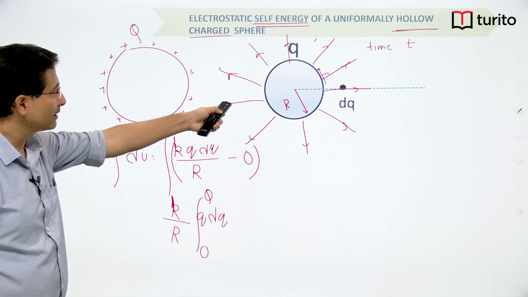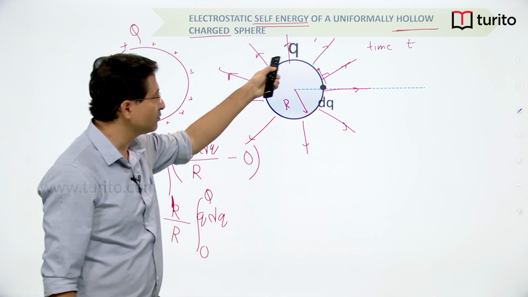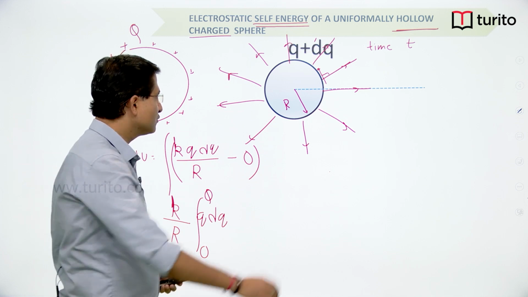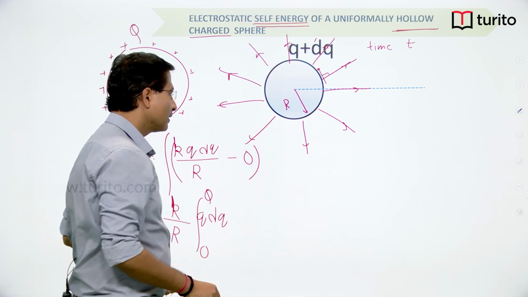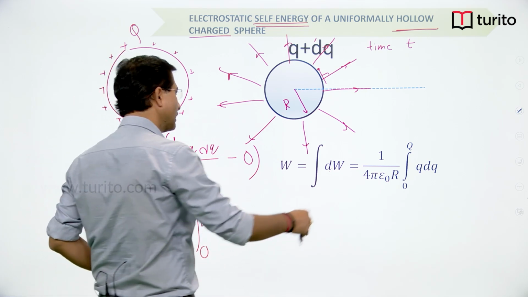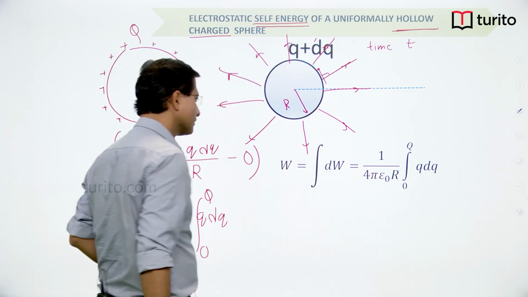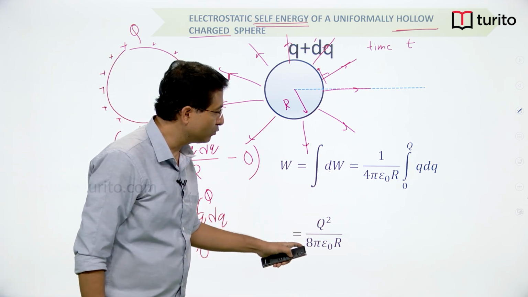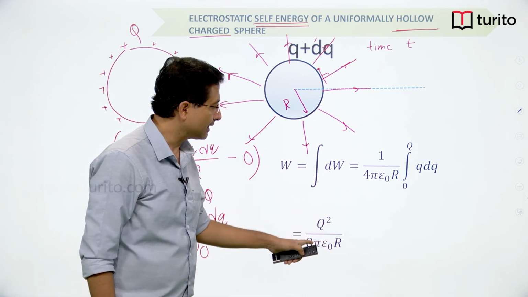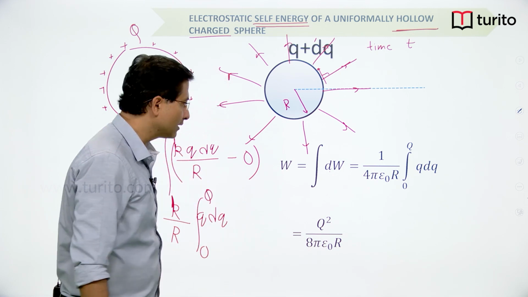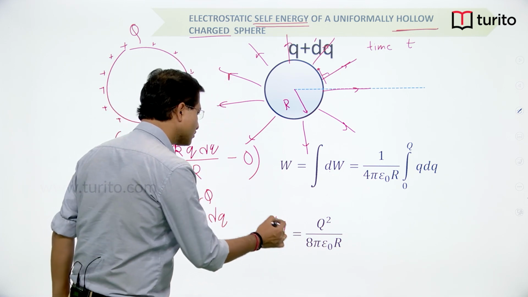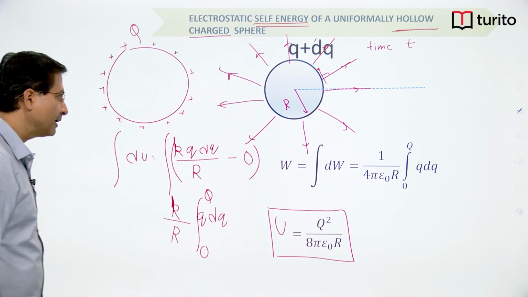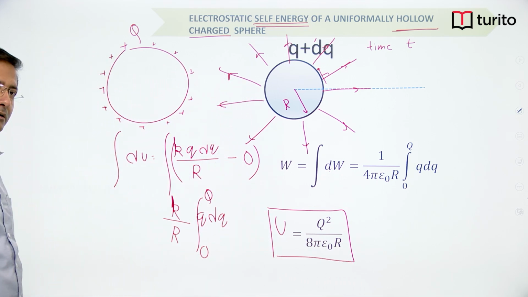So, we are bringing the charge, placing it on the surface and distributing it uniformly over the surface, right. And then I need to integrate this charge. So, after integration I will get Q square divided by 2 times 4 pi epsilon naught, that I can write as 8 pi epsilon naught. So, you can remember the result, the energy associated will be Q square upon 8 pi epsilon naught r, right.